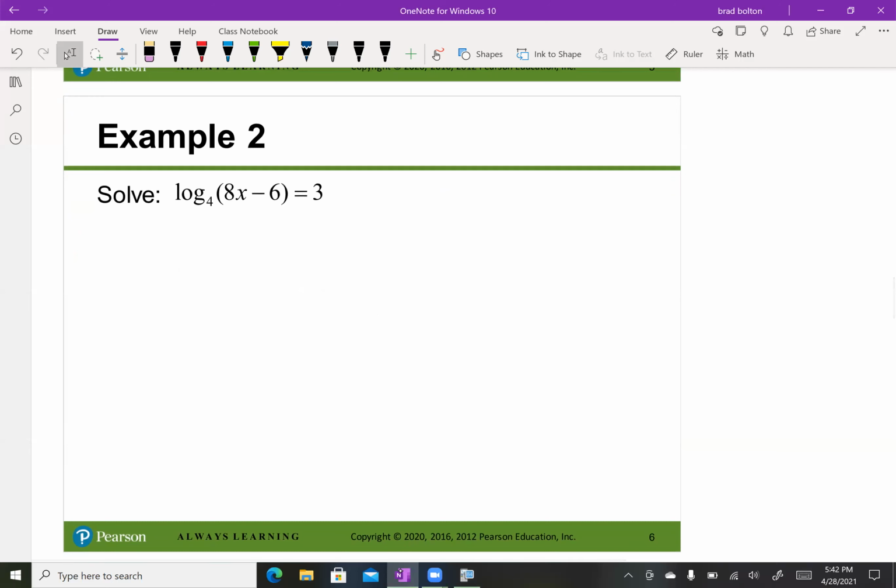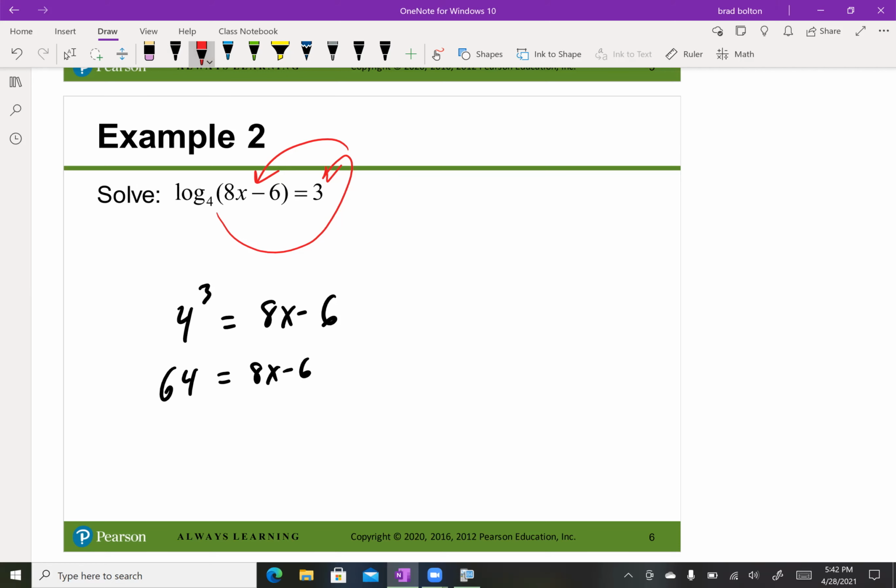So now we can go the other way. Okay, so now if we choose to, we can use the swirly to solve a logarithm. So we can go the other way. So this becomes 4 cubed equals 8x minus 6. But we know 4 cubed is really 64 equals 8x minus 6.